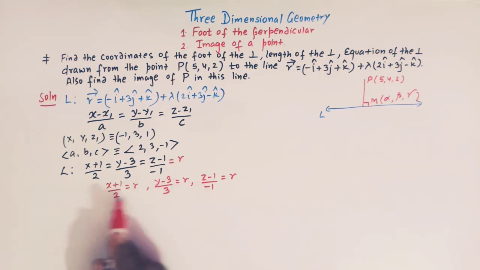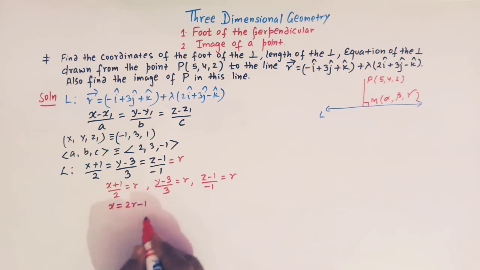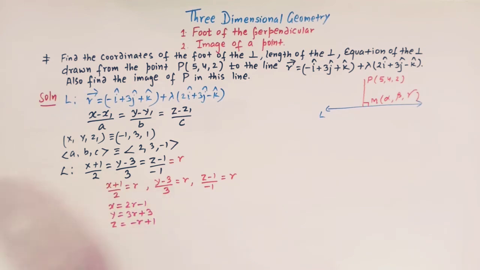Now if we solve these equations, we get x equals 2r minus 1, y equals 3r plus 3, and z equals minus r plus 1.